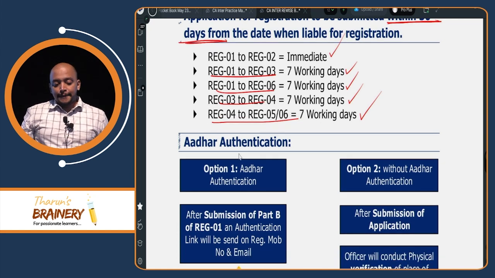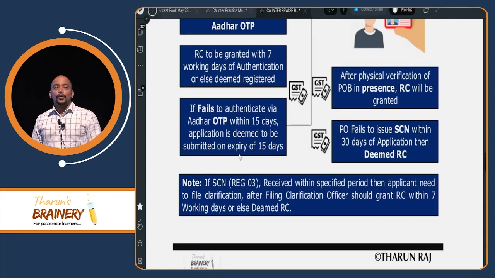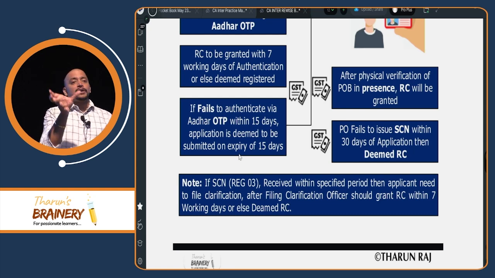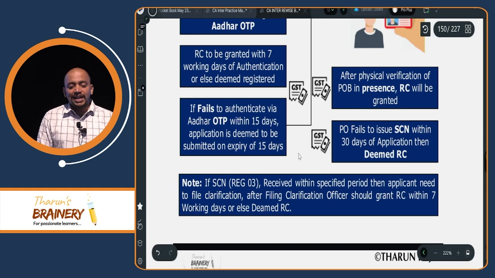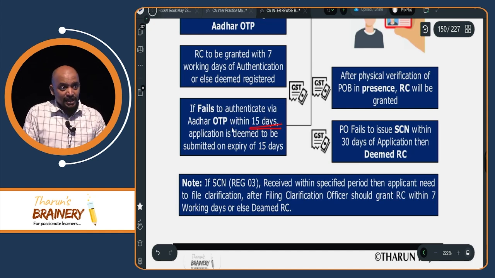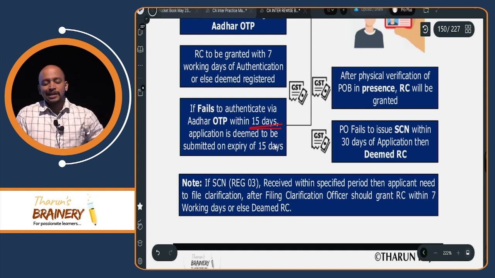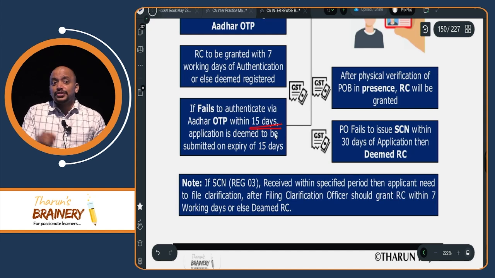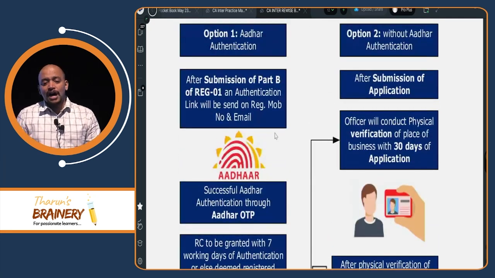Okay. Then, next, suppose you fail to authenticate the OTP, what is the time limit to complete the authentication? 15 days. We will have 15 days time to enter the OTP. Suppose you fail to complete the OTP verification within 15 days from the date of application, then the application is deemed to have been filed on expiry of 15 days without Aadhaar authentication.